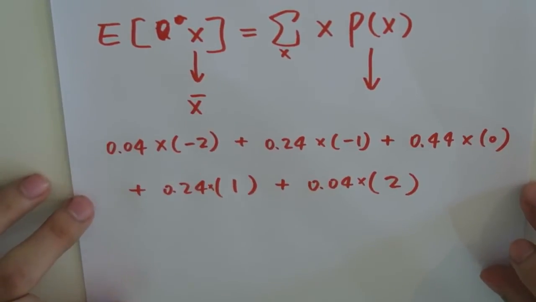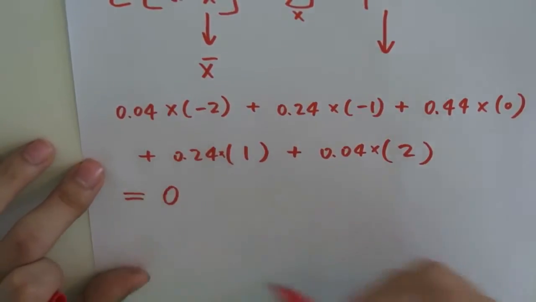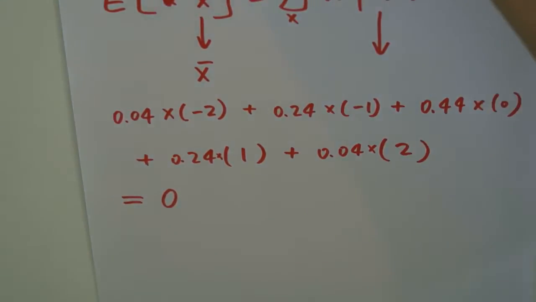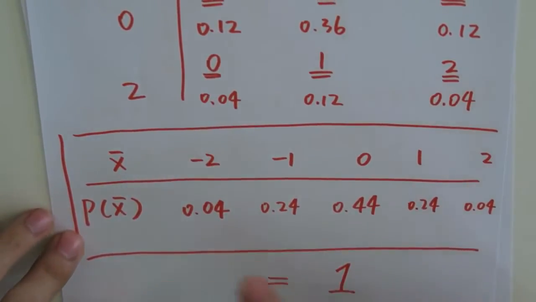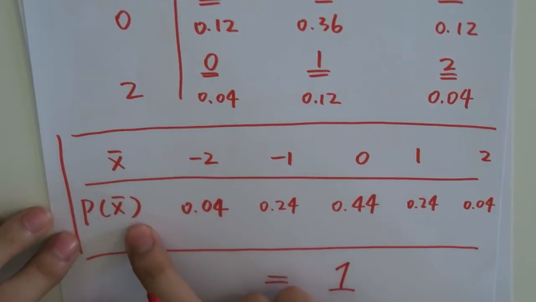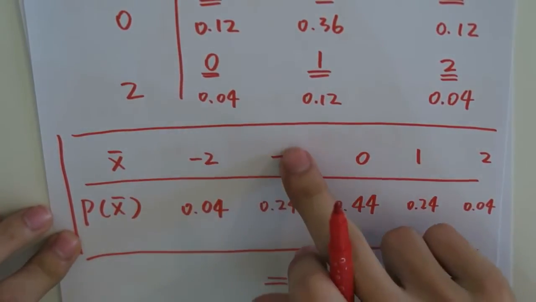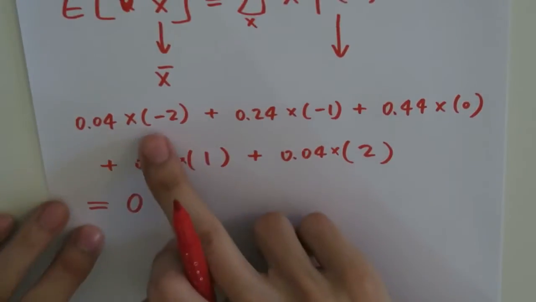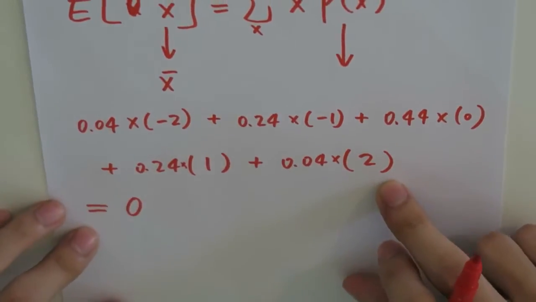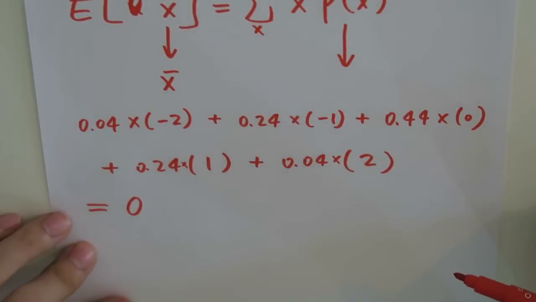So if you calculate, this is equal to 0. As you can see, this is a solution for part A. This is a variable, this is a PDF, then variable multiplied by probability, variable multiplied by probability is just over here, same as this equation. So it is equal to 0.